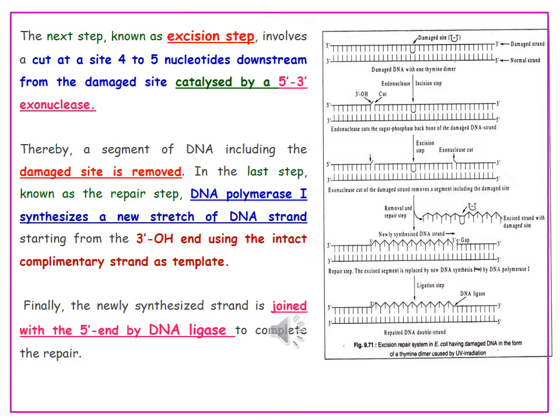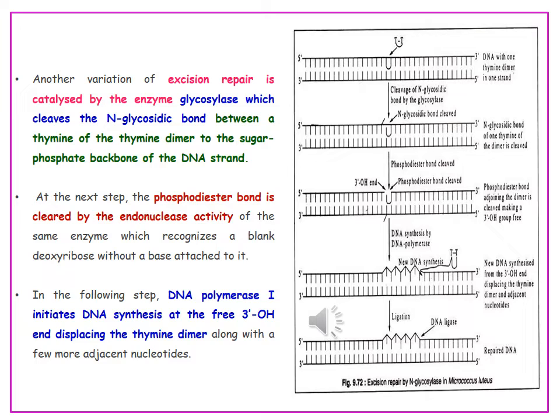DNA polymerase 1 synthesizes a new stretch of DNA strand starting from the 3' hydroxyl end, using the intact complementary strand as template. Finally, the newly synthesized strand is joined with the 5' end by DNA ligase to complete the repair.